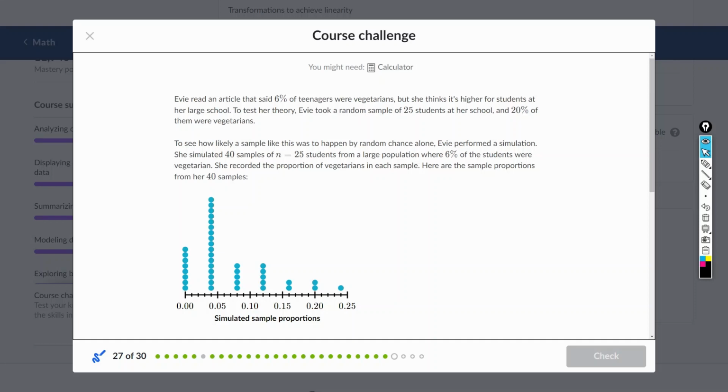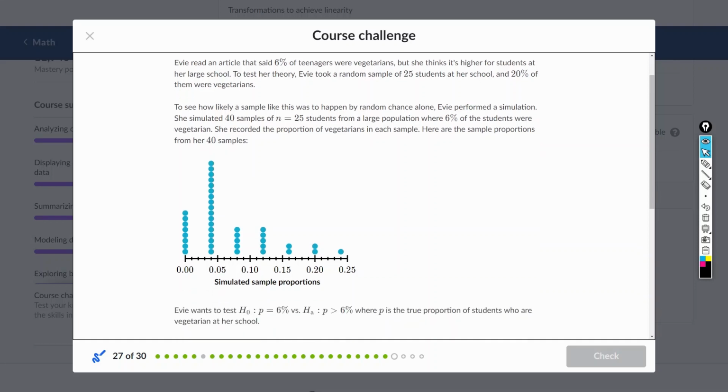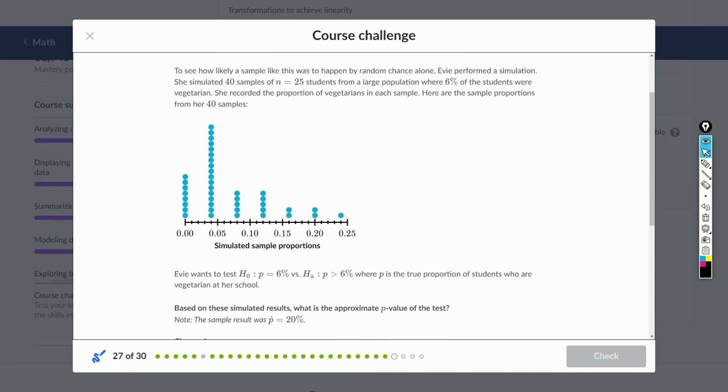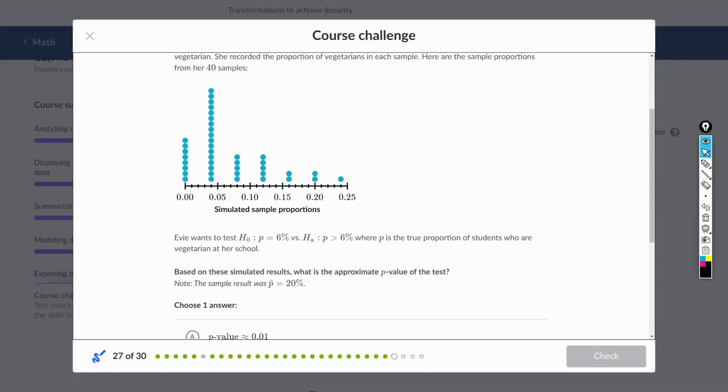Here are the sample proportions from the 40 simulated samples: 0%、2%、6%。Once test hypothesis H0: p 等于 6% 和 Ha: p 大于 6%。What's the appropriate p-value for the test?